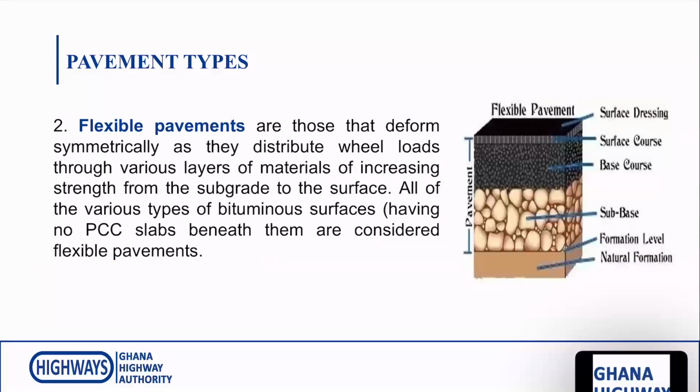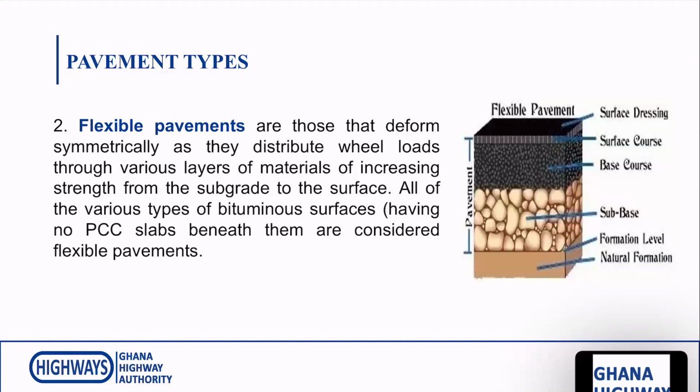The next is flexible pavements. And they are those that deform symmetrically as they distribute wheel loads through the various layers of materials of increasing strength from the subgrade to the surface. All the various types of bituminous surfaces which do not have any PCC slabs are considered flexible pavements.